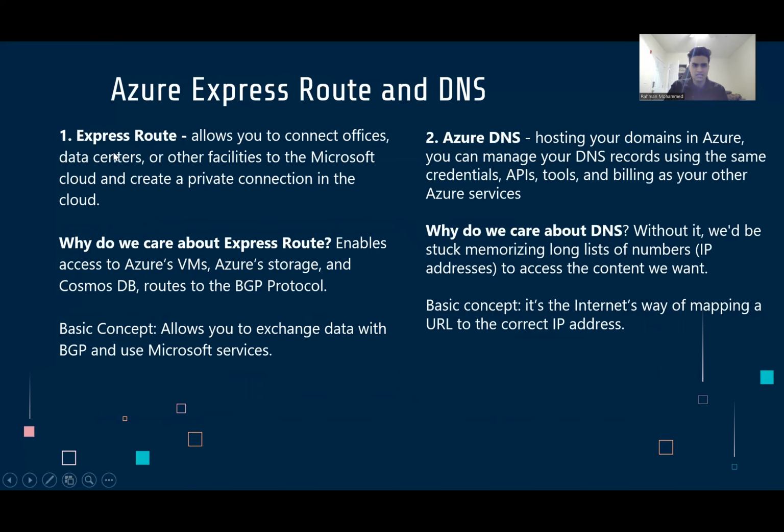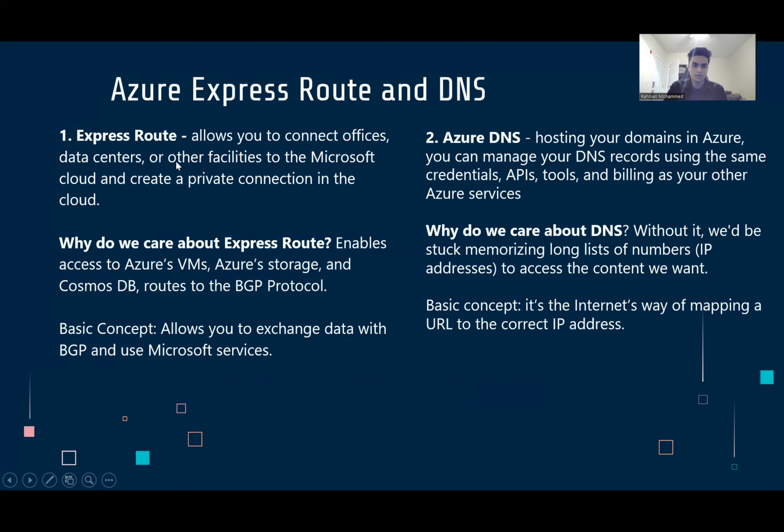And then DNS and express route. They really talk about express route, and you might be wondering what express route is. I put it into basic terms: it allows you to exchange data with the BGP protocol we talked about, so there's packets, and use Microsoft services. That's pretty much it.